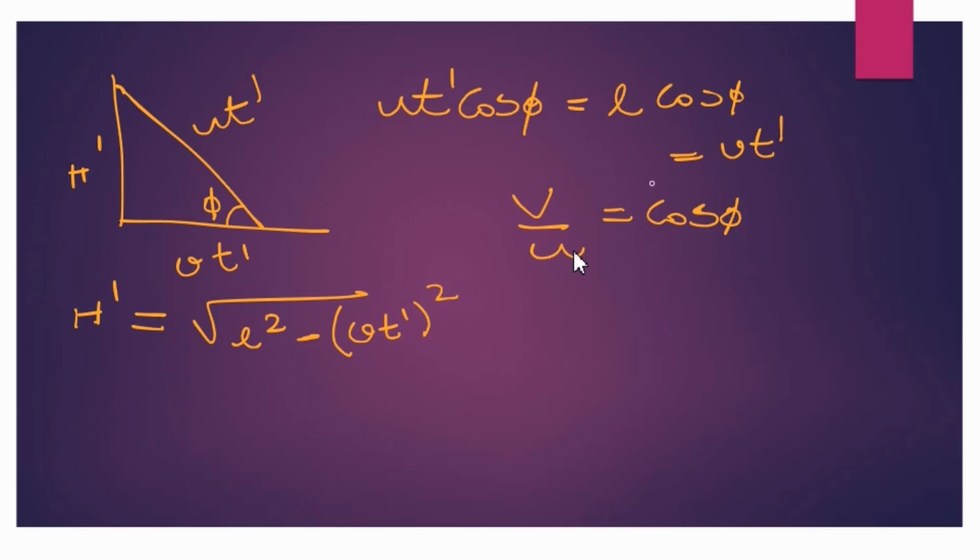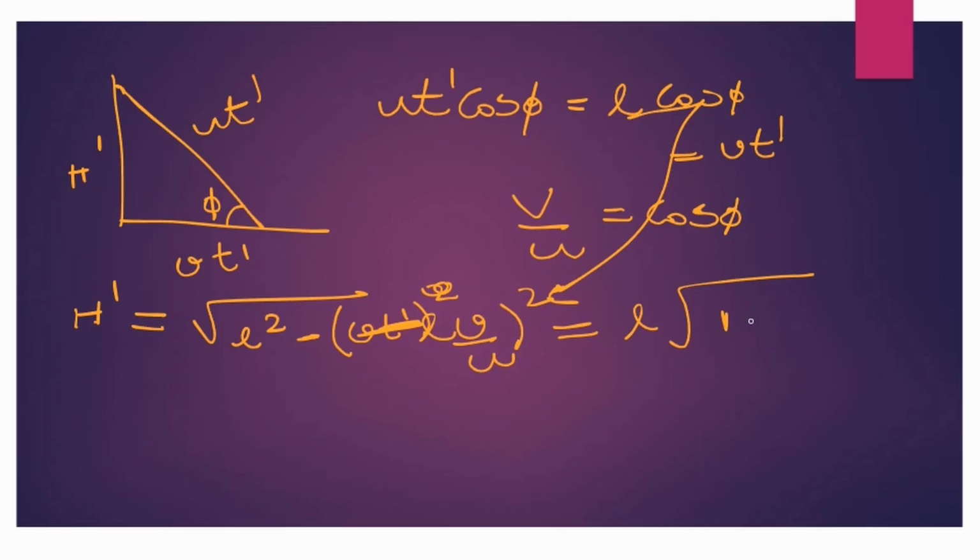Vt dash is nothing but L cos phi, and cos phi is V by U. So you get L times V by U whole square. Now if you take L outside, you get L times root of 1 minus V square by U square.